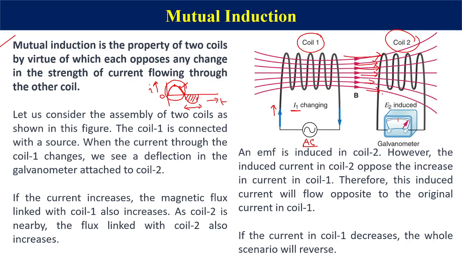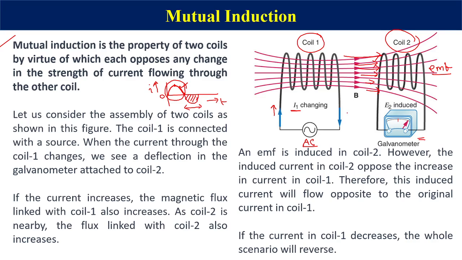And as a result, since the magnetic flux linked with coil 1 is increasing, the magnetic flux linked with coil 2 will also increase. As a result of this, there will be an EMF induced in coil 2, and because of that induced EMF we will see a current flowing through that circuit or coil, and that will be shown by the galvanometer which is connected to this circuit.